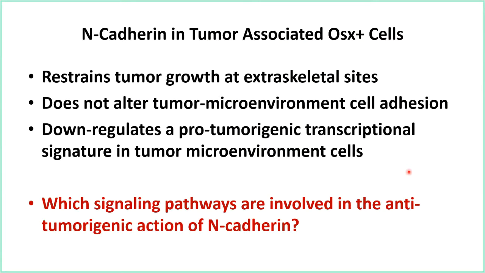It does not alter the tumor microenvironment cell adhesion, but it downregulates a pro-tumorigenic transcriptional signature in these microenvironment cells. I should tell you that this function is at variance with what's known about N-cadherin function in cancer-associated fibroblasts, where it is believed to do the opposite, favor tumor growth by activating cell migration.